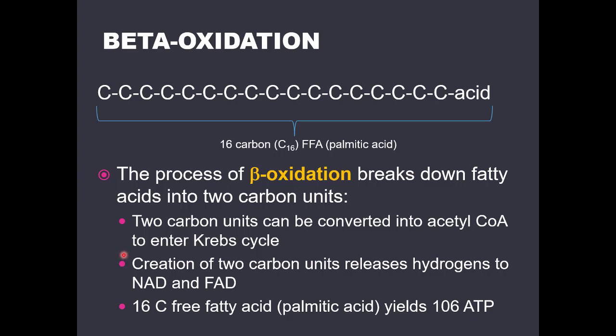The electron transport chain is the same. We'll get to that in a sec. As alluded to earlier, you can see down here in the last bullet that this fatty acid will yield significantly greater ATP than glucose, 106 ATP versus the 32 to 33 ATP with glucose, or glucose 6-phosphate to be more specific.